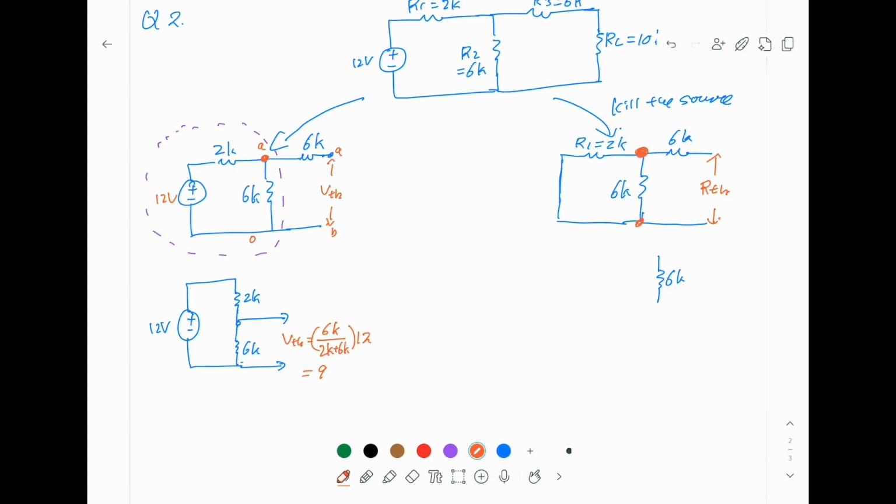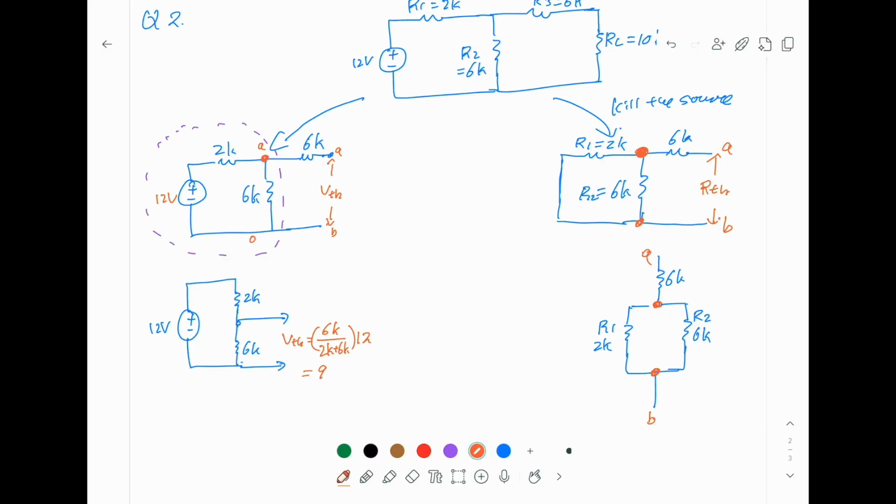So R1 and R2 are actually connected in parallel in this sense. If we withdraw this one here, this will be your R1, 2K, and this is your R2, 6K. They recombine here. So if we say this is A, B, this is also A, B.